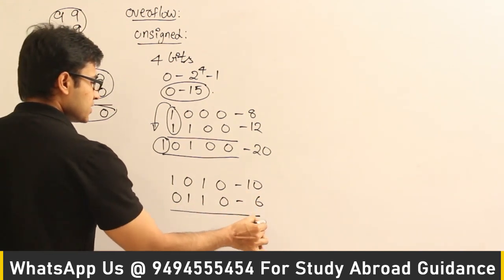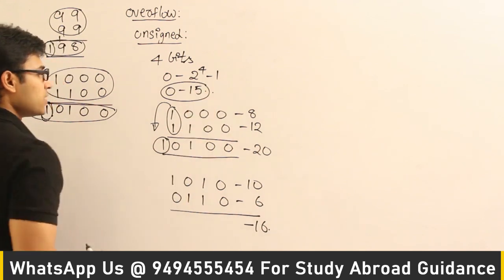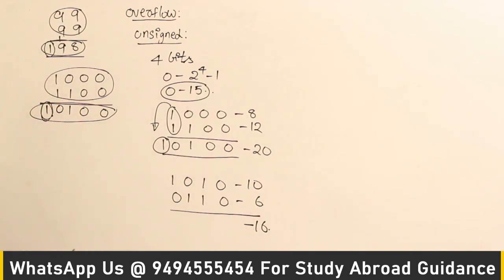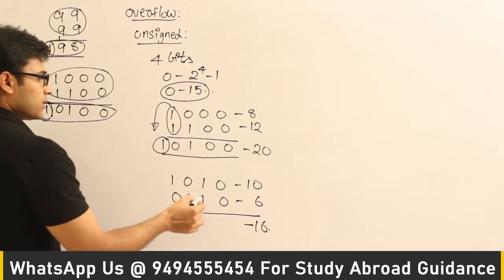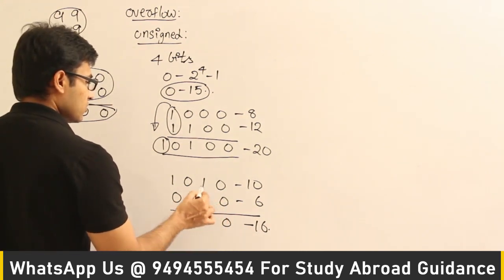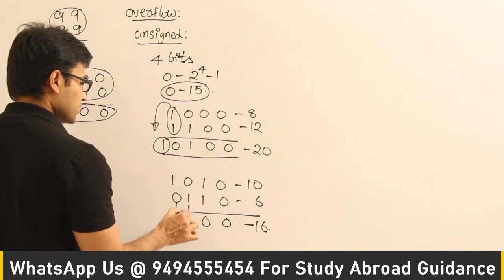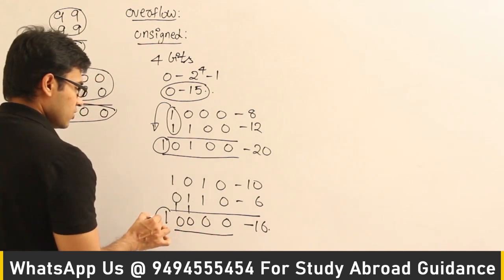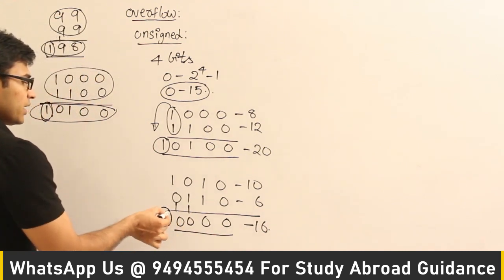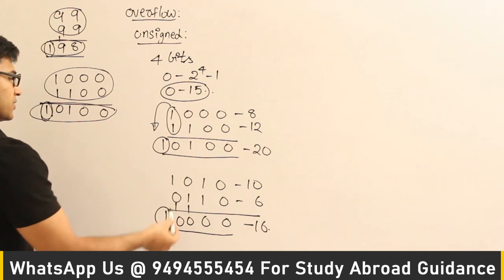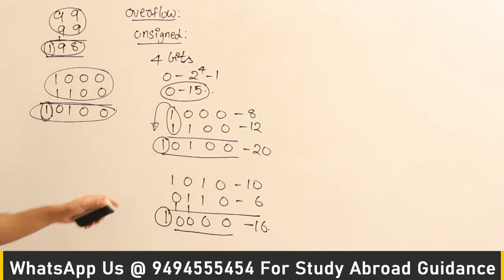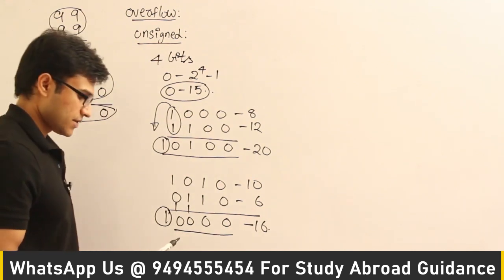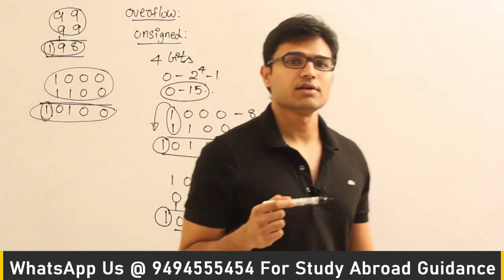The result is going to be 16. But how big a number can we fit in this? 15 is the largest number that we can fit in 4 bits, but now we got 16 as the output. Now let's see what happens. 0 plus 1 is 1, 1 plus 1 is 1 0, 1 plus 1 is 1 0, right? Therefore there is a carry generated. So carry in case of unsigned numbers is going to be a problem, and it is called overflow. Got it? So in case of unsigned numbers, carry always indicates overflow.